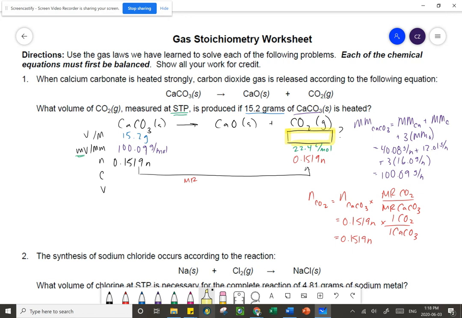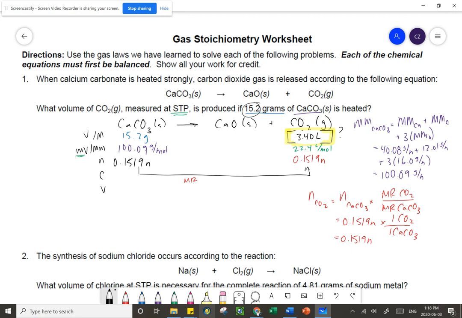And if I look at the question, I'm going to report this to 3 significant figures because that's how many is given to me in 15.2 grams. So I'm going to end up with 3.40 liters.